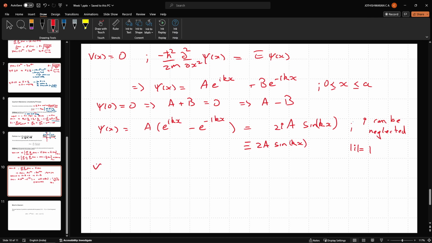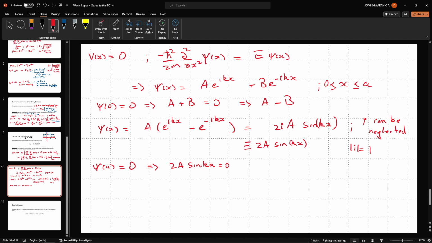Now, we know that psi of a, small a, is also equal to 0. This implies 2a sin ka is equal to 0. Now a of course cannot be 0 because then the wave function will be 0 everywhere, which implies the particle has 0 probability of being found everywhere.